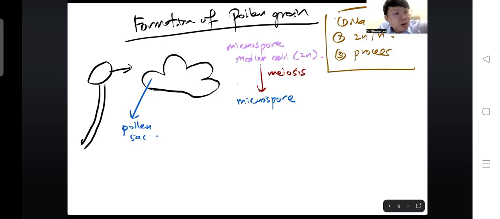Because they produce microspore. So if we have microspore, what is the meaning of the word micro? Small, right? So if we have microspore, do you think we have megaspore? If there is nothing big, where got small eh?